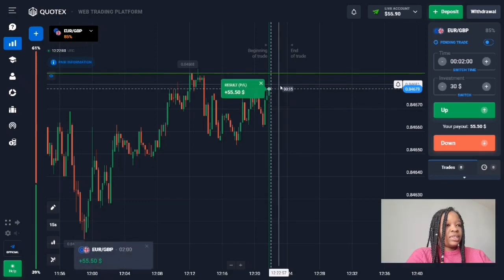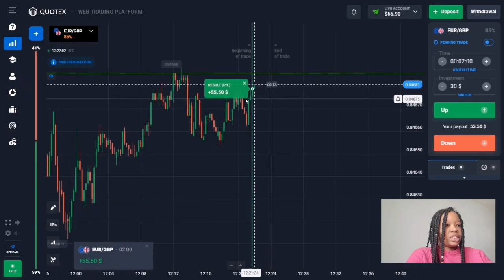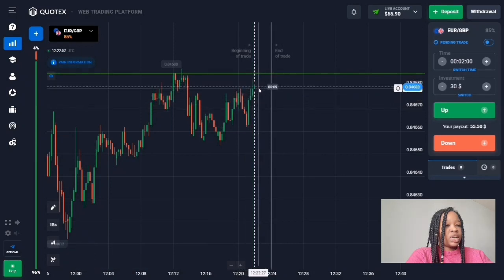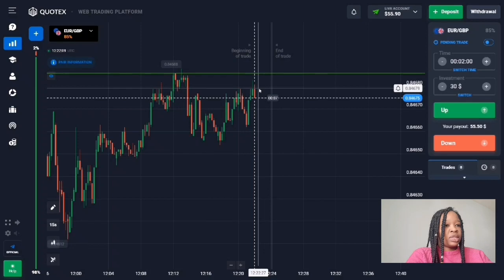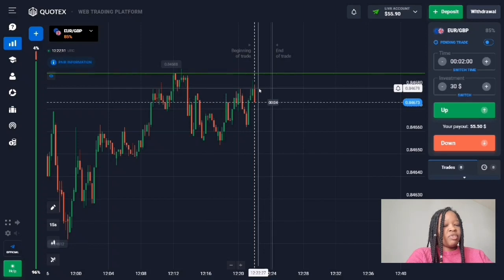Analyzing this, after the pullback down, the price trended upwards and I've got the profit from the transaction during this 1 minute. And I think in the future this level will be broken through, but let me go on.